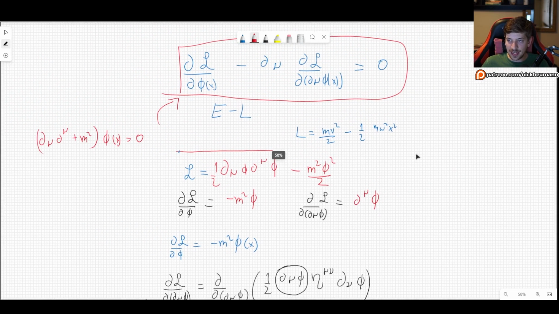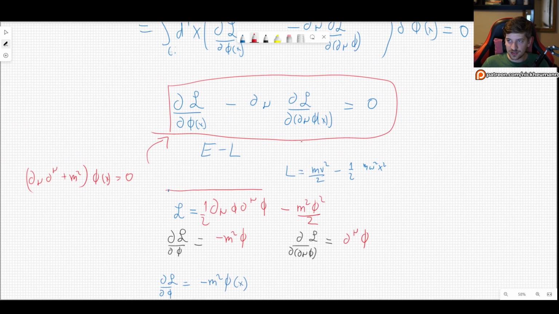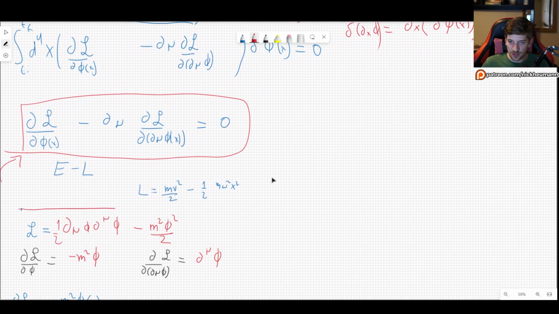Okay, so now let's check. Let's plug this into the Euler-Lagrange equation. So what we need to do is take minus m squared φ, which is this first term, right? And then we have minus, and now we need to take the ∂_μ of this, ∂^μ φ, and this has to be equal to 0.